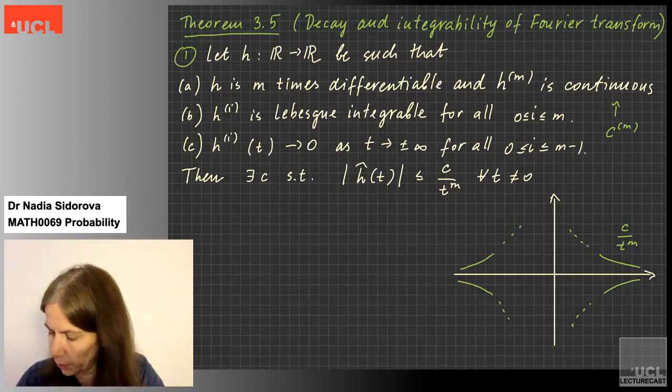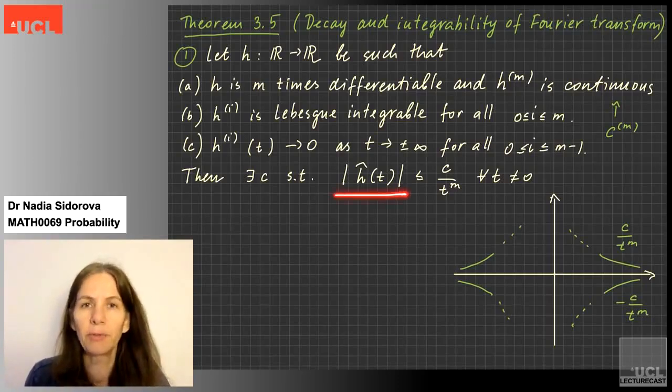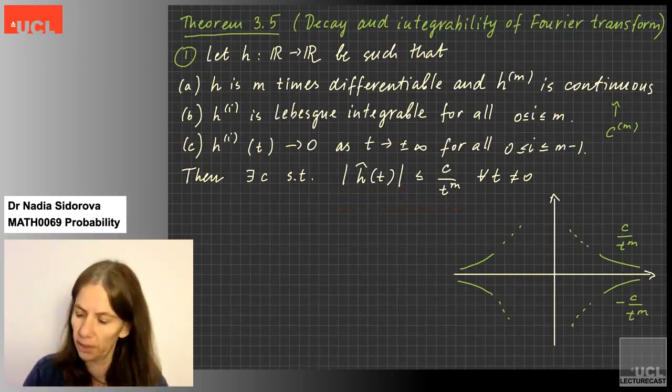And I'm also drawing minus c over t to the power m, because my estimate is going to be for the absolute value of the Fourier transform. And then this estimate simply says that the Fourier transform should lie between these green curves.